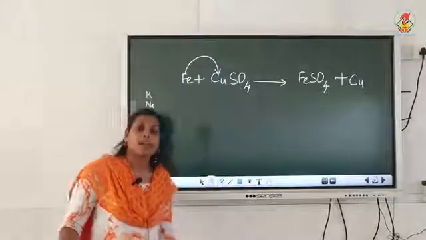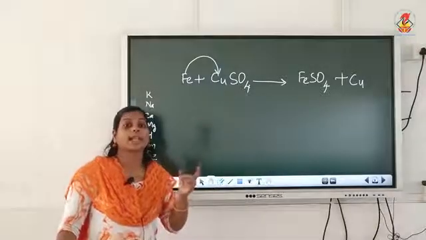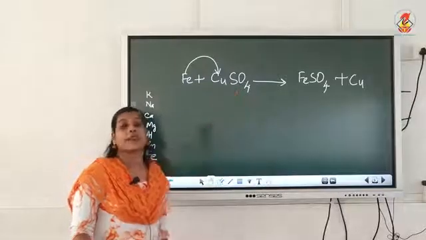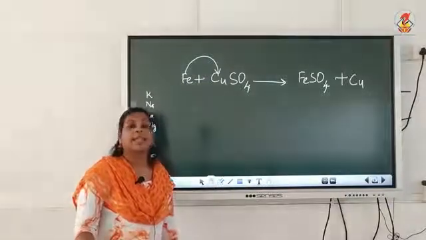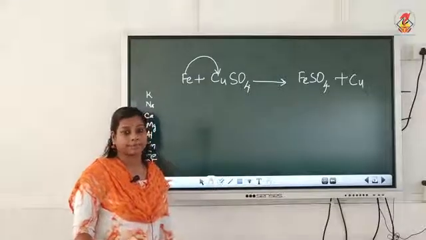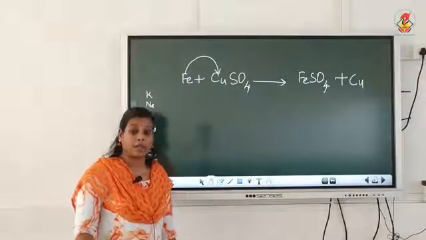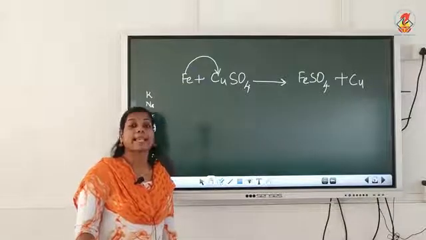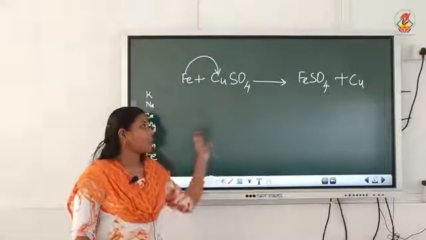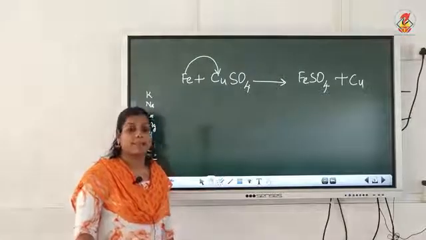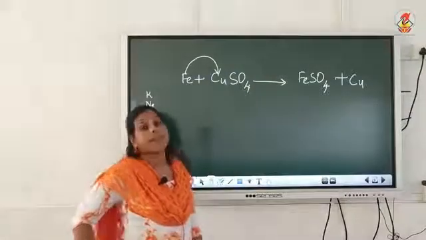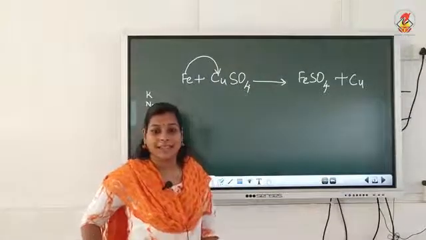When a more reactive metal displaces a less reactive metal from its salt solution, the reaction is known as a displacement reaction. This is a single displacement reaction which we have studied in the first chapter.